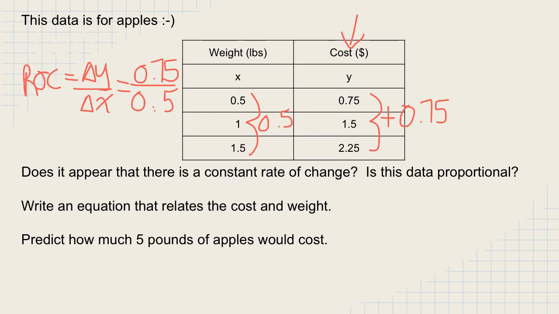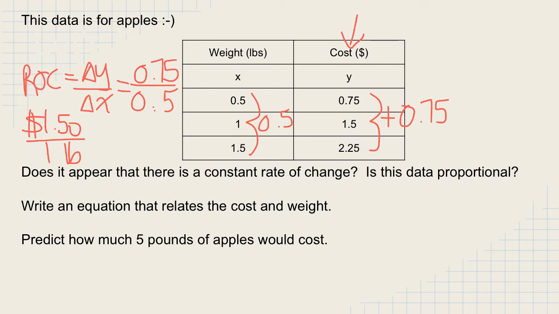Just using my number cents, if it's 75 cents for a half a pound, and I really want to know 1 pound possibly, I would simply double everything. So if it's 75 cents for a half a pound, it would be $1.50 for a full pound. And I kind of like it like that because then I can use my multiplier as just a whole number instead of having a fraction with decimals involved.